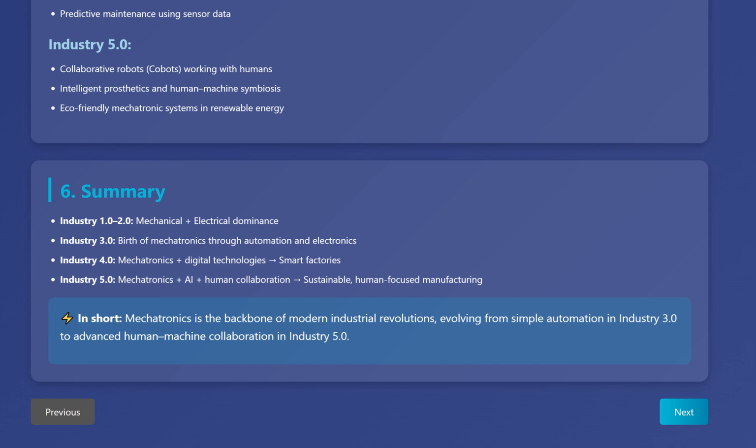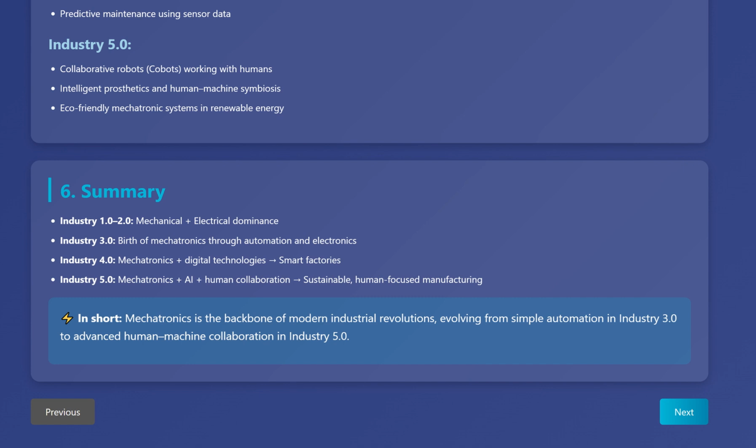Then 5.0 is now coming, where it will have mechatronics, artificial intelligence, and human collaboration. We call it human-centric. This is sustaining human-focused manufacturing. In short, mechatronics is the backbone of the modern industrial revolution.